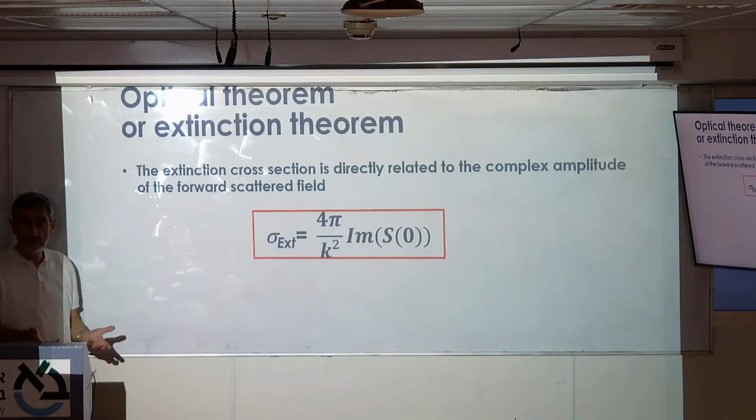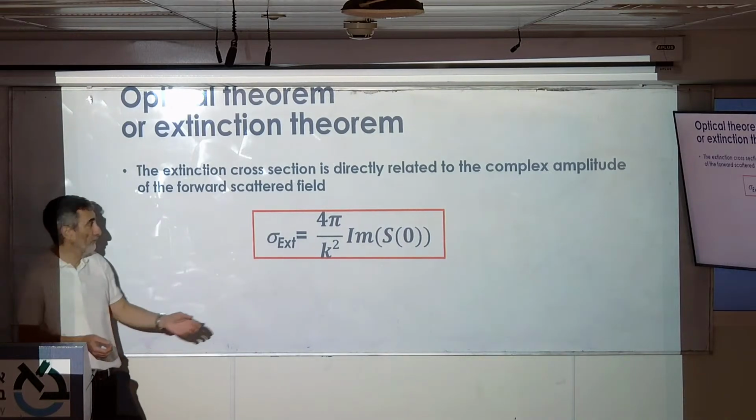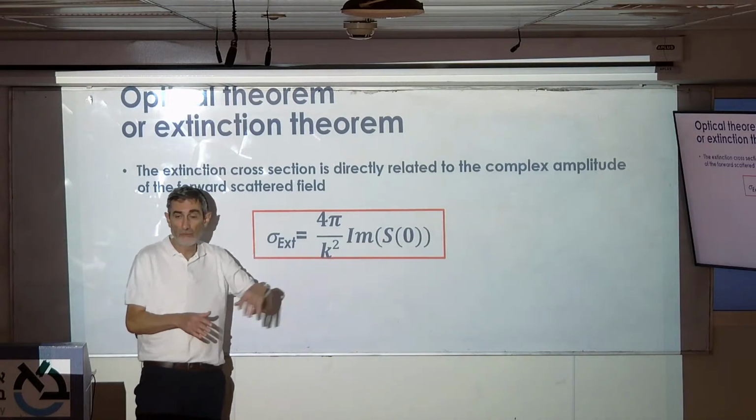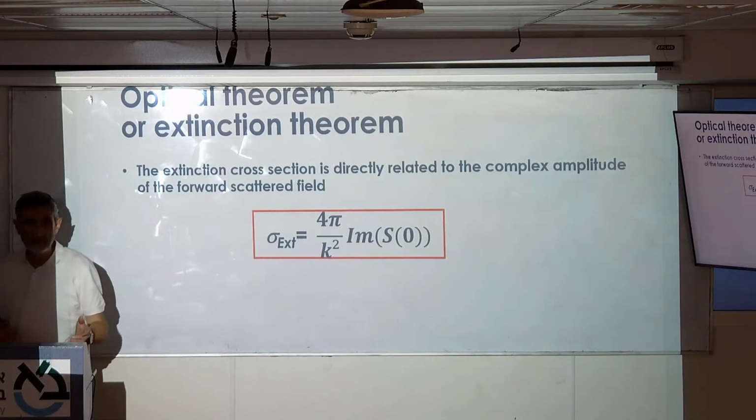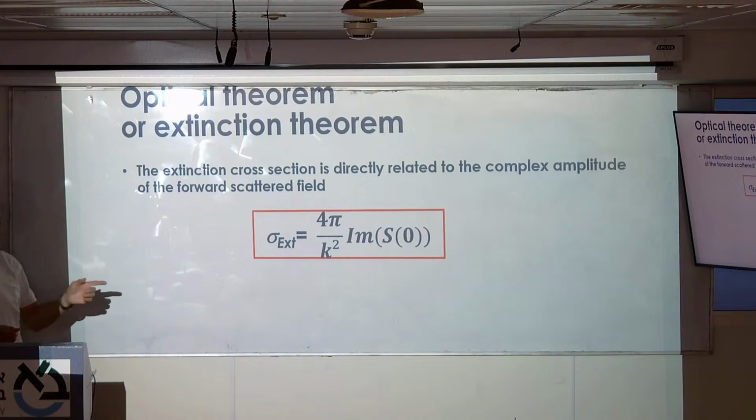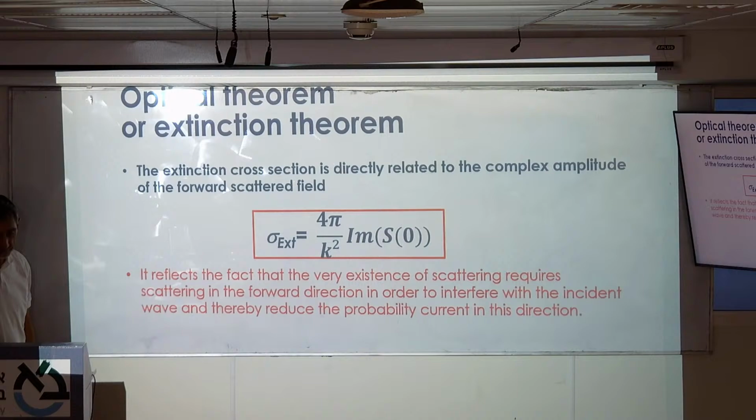So it reflects the fact that the very existence of scattering requires scattering in the forward direction in order to interfere with the incident wave and thereby reduce the intensity in this direction. If you don't have forward scattering, you don't lose energy, because there is no interference with the incident wave.